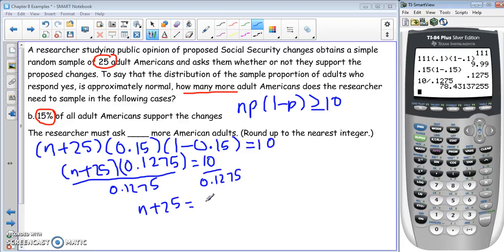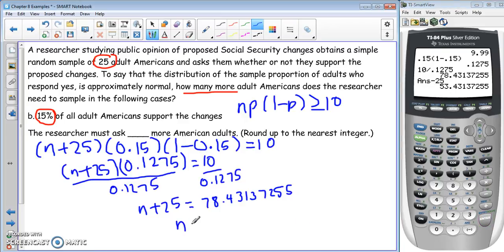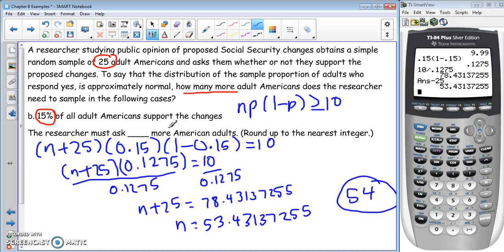When I do that division, I get 78.43137255. I'm just writing down that whole decimal for now. And if I subtract 25 from that, we get 53.43137255. We always round up, so this is going to give us 54. So we need to ask 54 more adult Americans in this case.